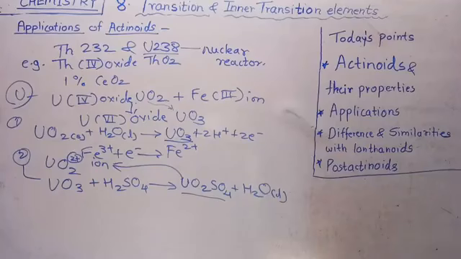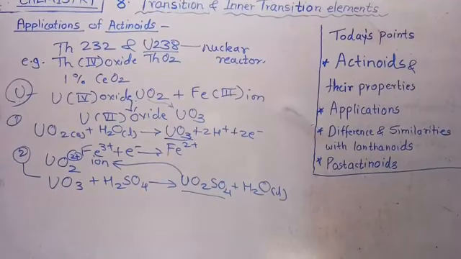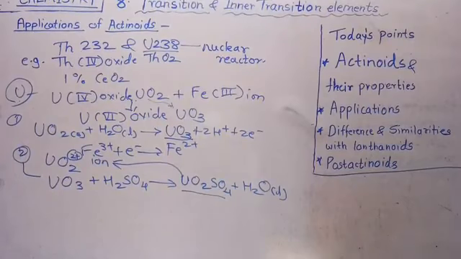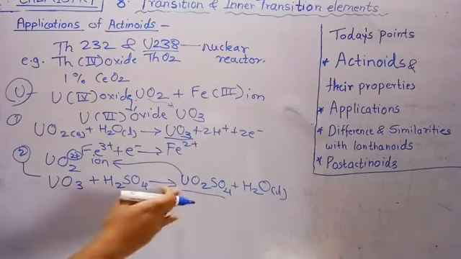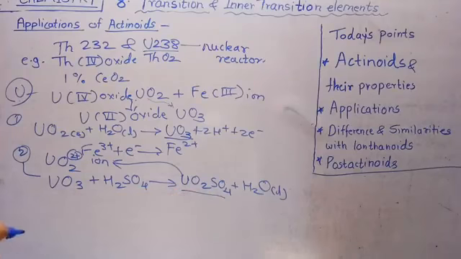Then after the purification of uranium, ammonia is added to the solution to give a yellow precipitate of ammonium diuranate. Right? After the purification, if you want to collect the uranium, then separate it.